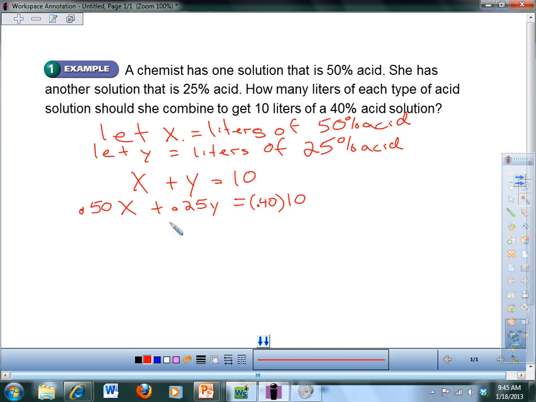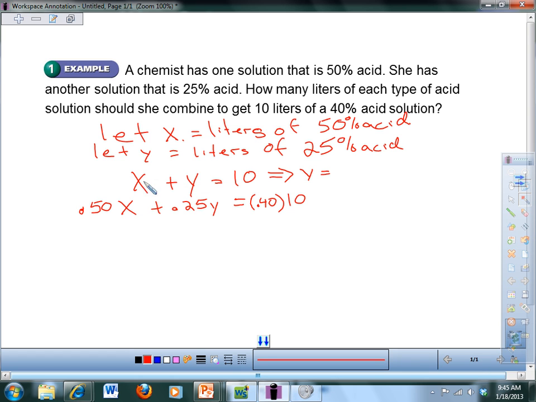Okay. Once you have set it up, then the best way to do this, I think, would be using substitution. Okay? And so if X plus Y equals 10, what would Y equal if I were to solve this equation for Y? What's Y going to be? If I bring this X over onto that side, what's it going to look like?